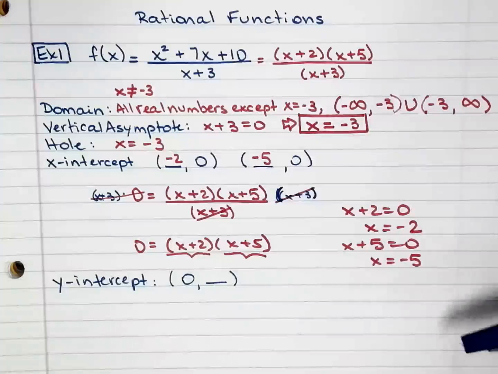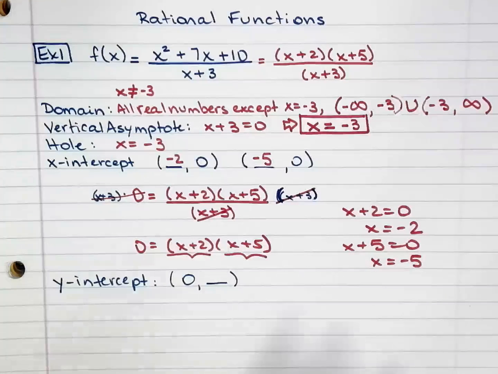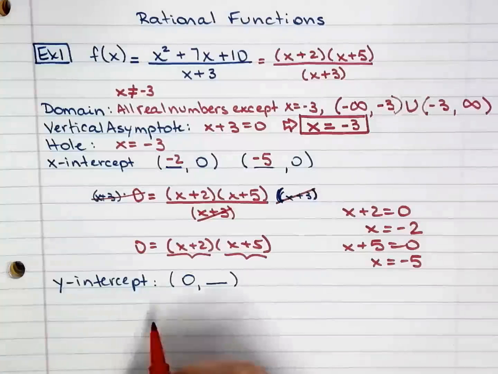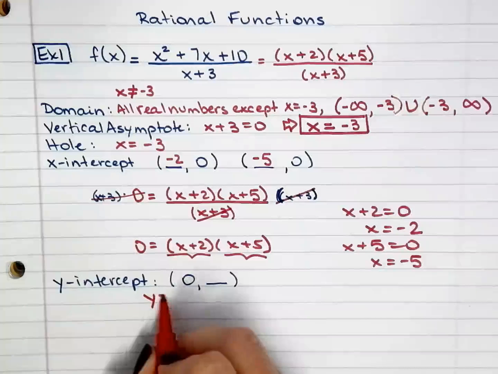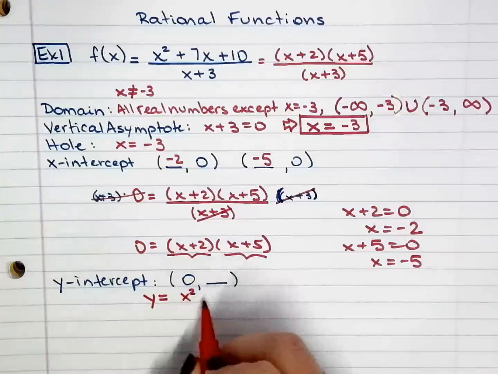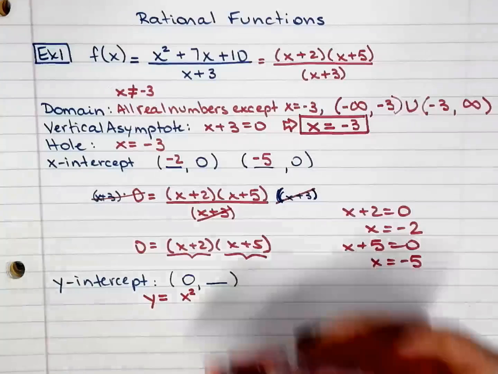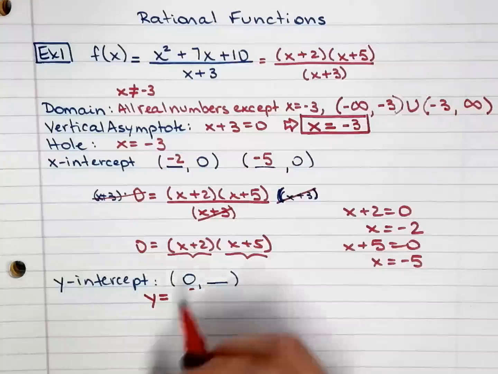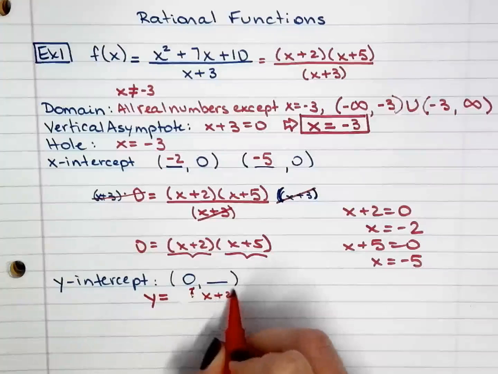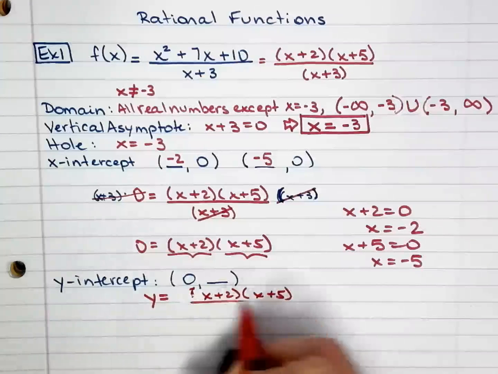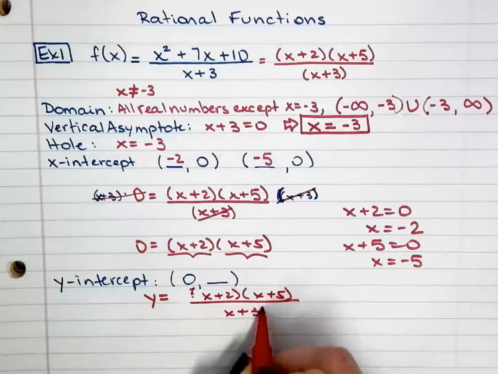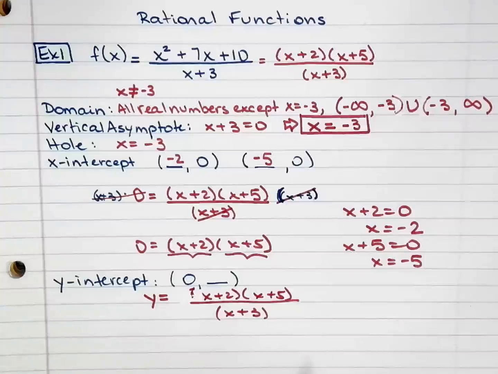But let's say that you don't have a calculator or you just flat out didn't think about that. We can just substitute x into the function. I have y equals x squared. No, I'm going to use the factored way. x plus 2, x plus 5 over x plus 3. Okay, so here we go.